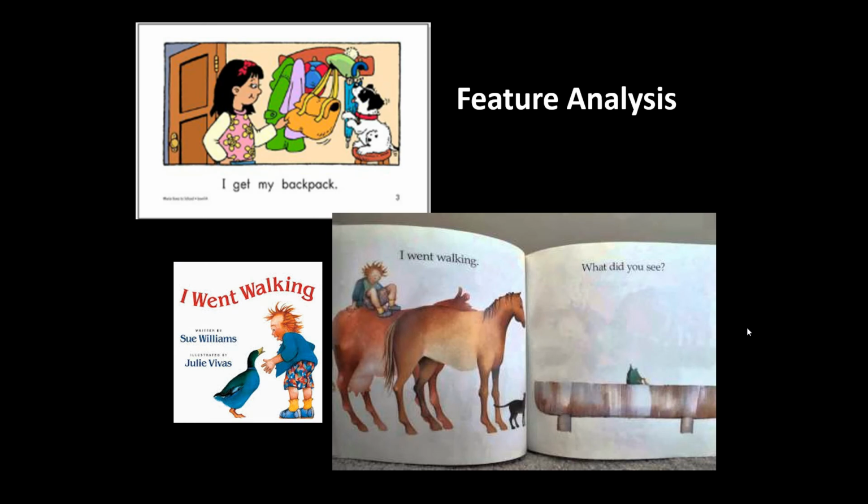The third way we can analyze a text is to do a feature analysis. Feature analysis is something that is published by Pinnell and Fountas, the inventors of guided reading. They're going to talk about certain features in a text that make the text hard or easy.